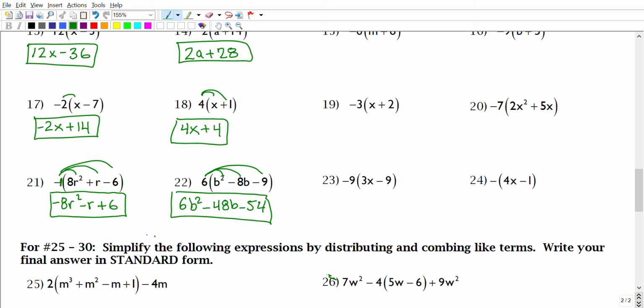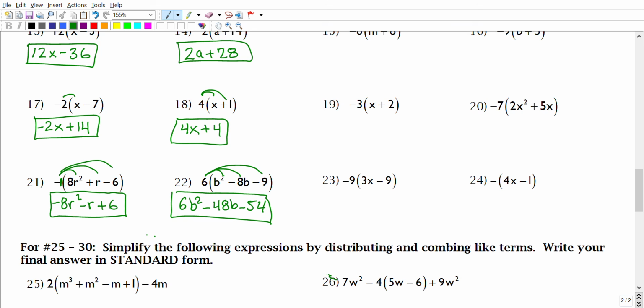Now, the good thing about these is that the expression inside of the parentheses was already in standard form, so we didn't have to rewrite this answer. But remember, if you don't have something in standard form and it does ask you to have it in standard form, remember to go ahead and rewrite it from highest exponent to lowest exponent.